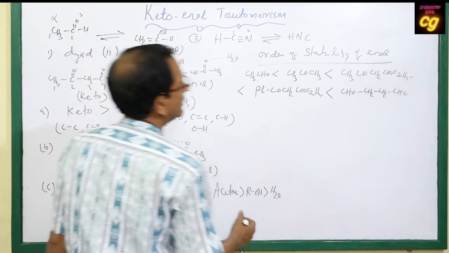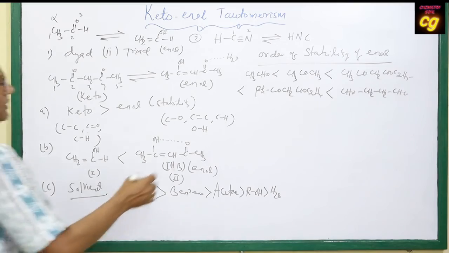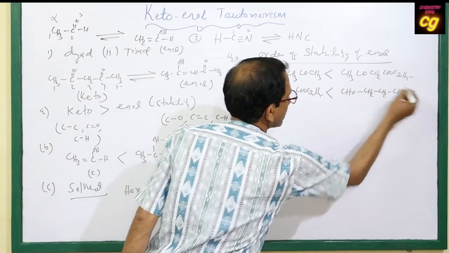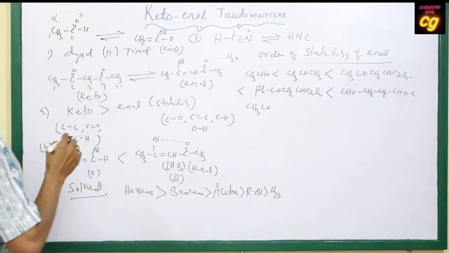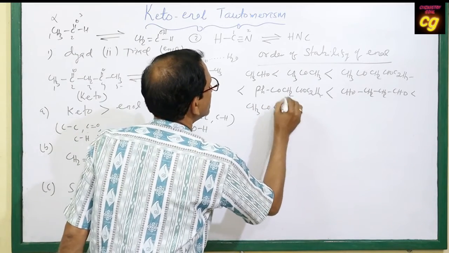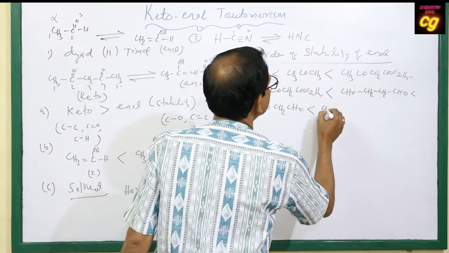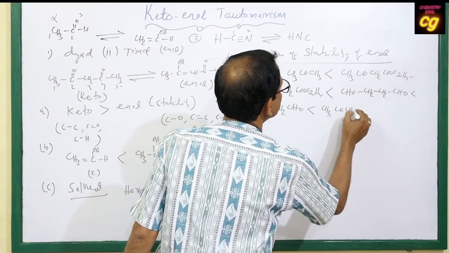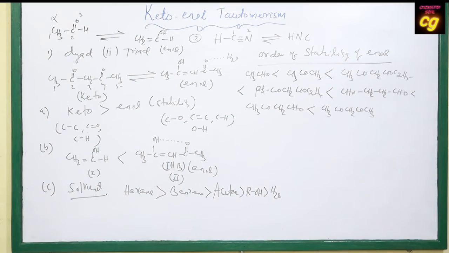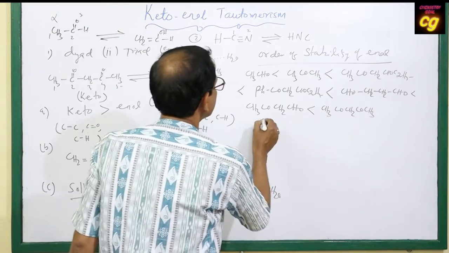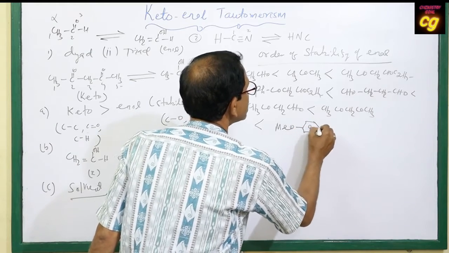Then if you use this, it is less than CH3COCH2CHO, which is less than CH3COCH2COCH3, the stability order. Then if you use that methyl group in benzene, the stability also increases.